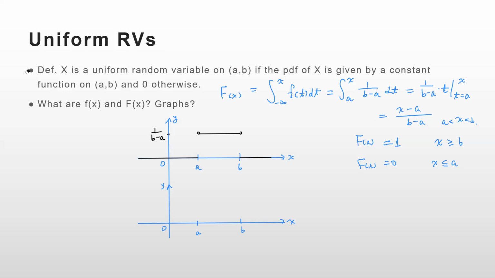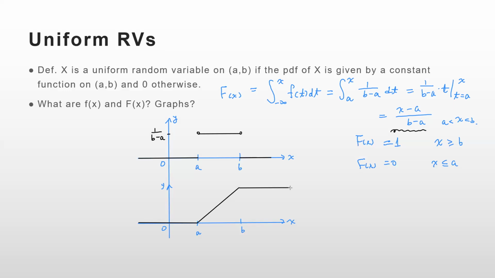And in terms of the CDF, look at the CDF. I hope that you realize this piece is actually a linear function. So it looks like this. All right, and then when x equals b, obviously it's 1.